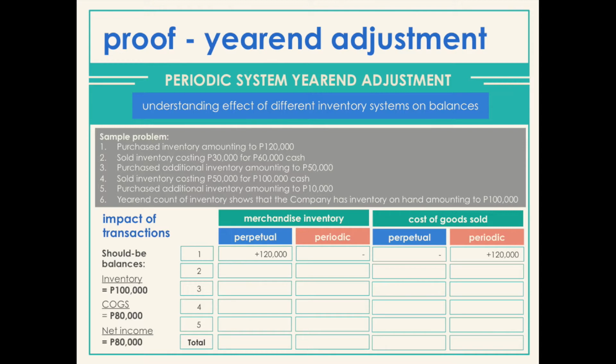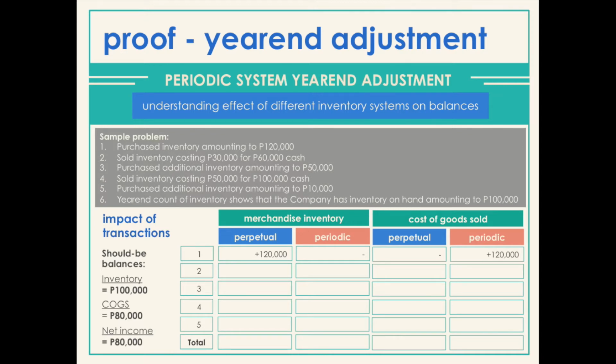Under the periodic system, we debit purchases. Recall that when we discussed the formula earlier, purchases is added to inventory beginning to get the cost of goods sold for the period. So this means that the increase in purchases increases the cost of goods sold but has no impact on the merchandise inventory balance of the company.